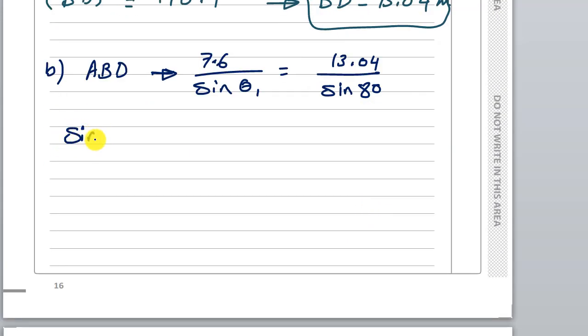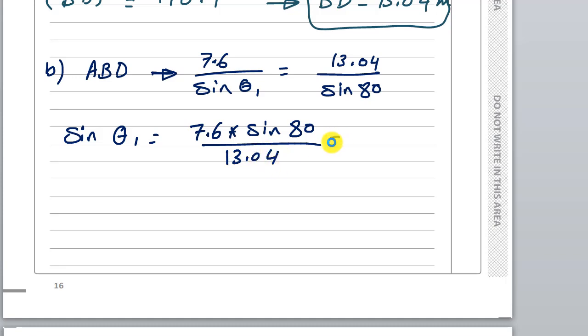So sine theta 1 is equal to 7.6 multiplied by sine 80 divided by 13.04.